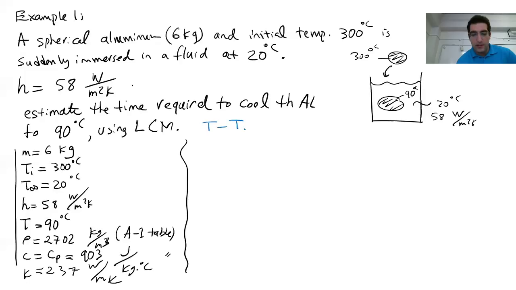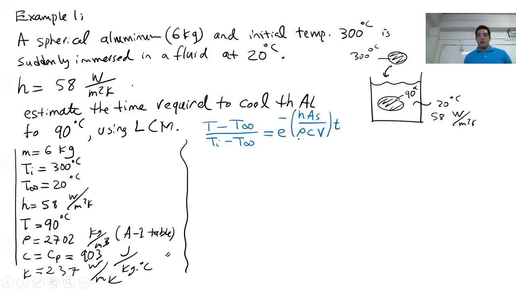T minus T infinity divided by Ti minus T infinity equals e to the power of minus h A_s over rho C V, where V is volume, and all of it times time.